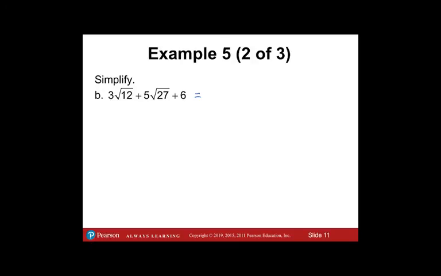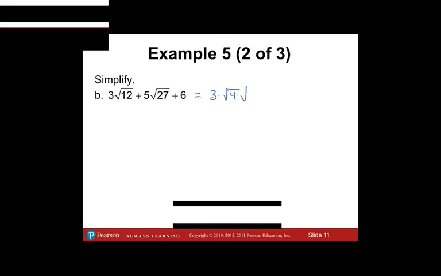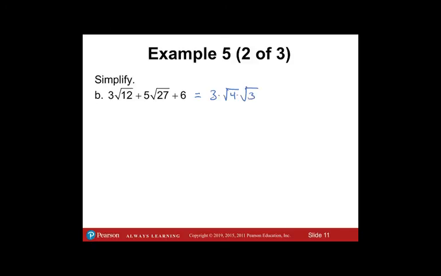This is going to become 3 times the square root of 4 times the square root of 3. 27 is 9 times 3, so we're going to have the square root of 9 times the square root of 3, and then we're going to have plus 6. 3 times 2 is going to be 6 root 3. 5 times 3 is 15, so plus 15 root 3 plus 6. That's going to be 21 root 3 plus 6.